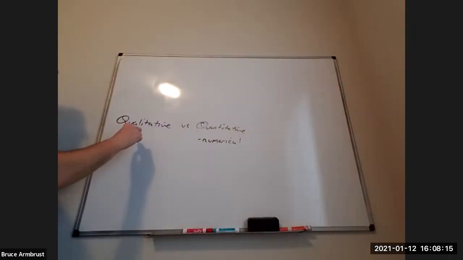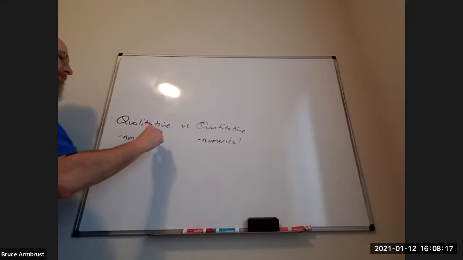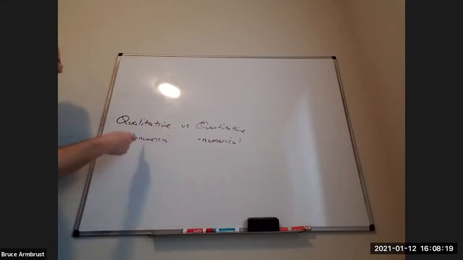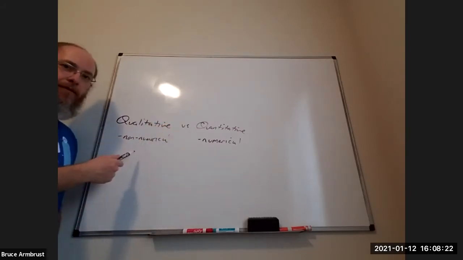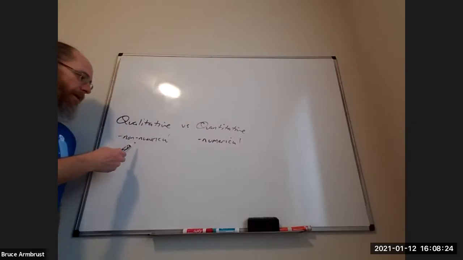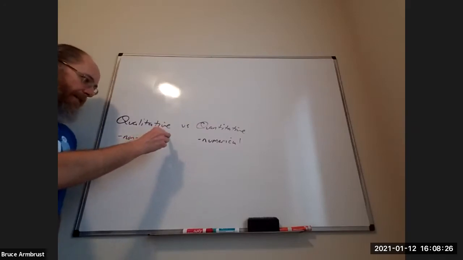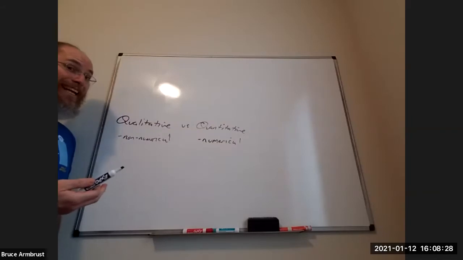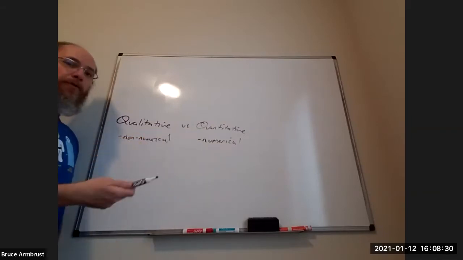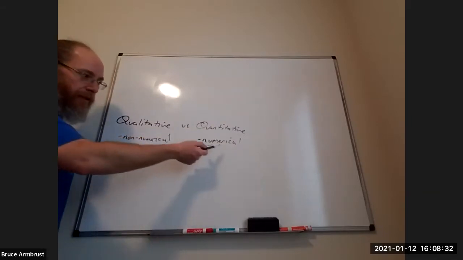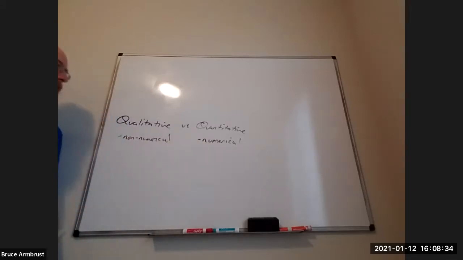Qualitative was the non-numerical. So examples was like eye color, right? If we just go and we find out everybody's eye color, we're getting data, but it's not numerical, as opposed to getting their height. That's numerical. All right, so qualitative versus quantitative.